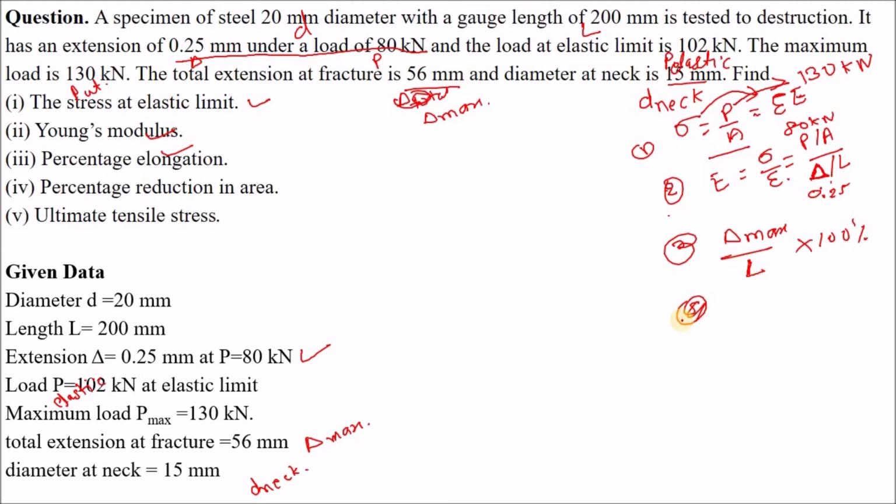Fourth is asking for percentage reduction in area. So final area minus initial area, divided by initial area, into 100, you get the percentage. How can we find the final area? To find the final area, you can use the diameter at neck.